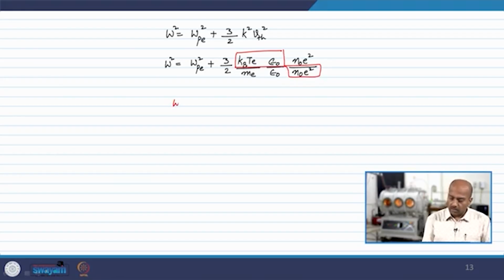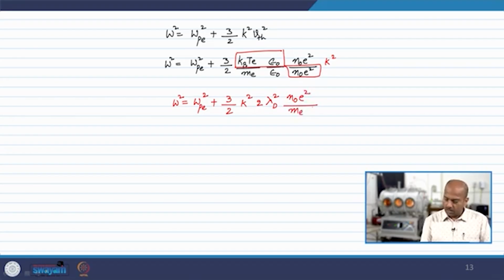So, we can write omega square is omega pe square plus 3 by 2 k square lambda D square into n naught e square by m e epsilon naught.